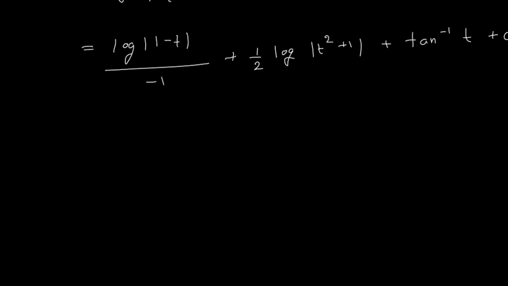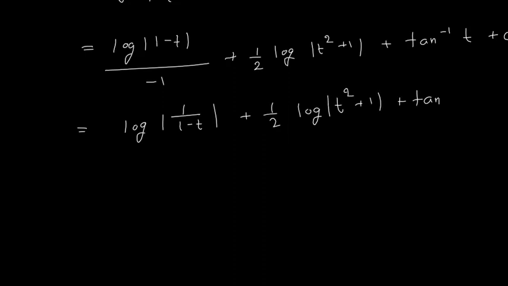So this is equal to, because of this minus 1, minus log 1 minus t will become log of 1 upon 1 minus t, plus half log of t square plus 1, plus tan inverse t plus c. Now I can replace the value of t, which is sin x.